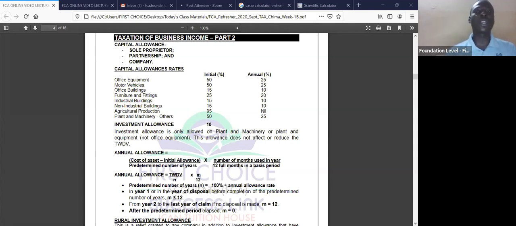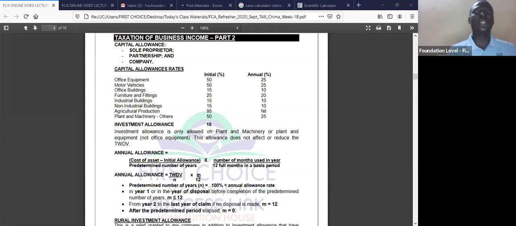So you cannot be claiming a capital allowance that is not in the same period of time. That means the basis period for capital allowance will match the same basis period for assessable profits, if everything goes smoothly.